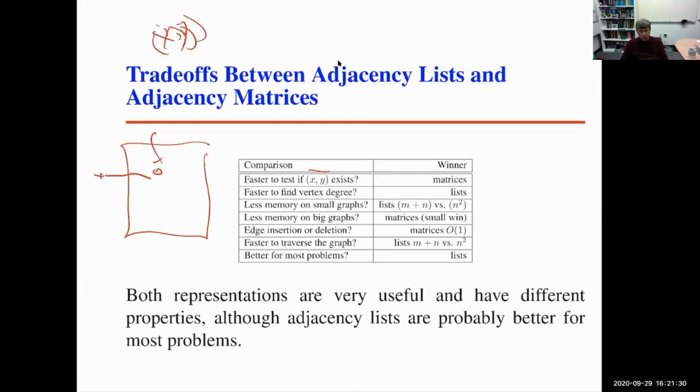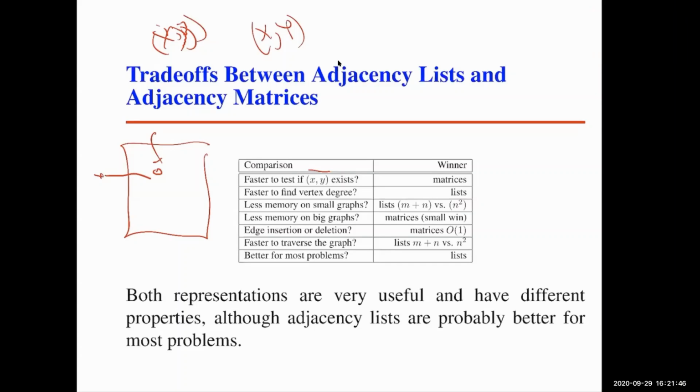What do I have to do to tell whether edge xy exists in an adjacency list? How do I do it? Somebody tell me how I do it. You have to go to that list for that vertex and scan linearly. I go to the x adjacency list, which took me constant time because I'm just going to the xth element in an array. And then I bop through this list until I find y.